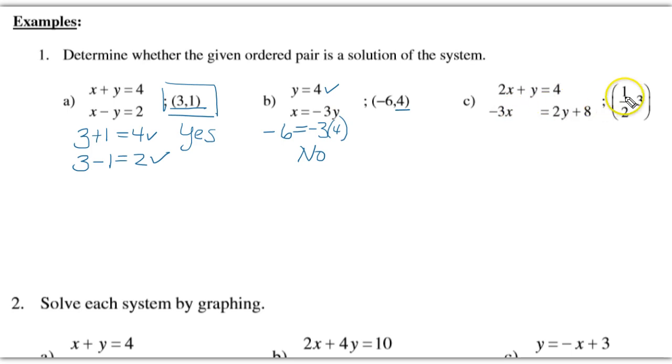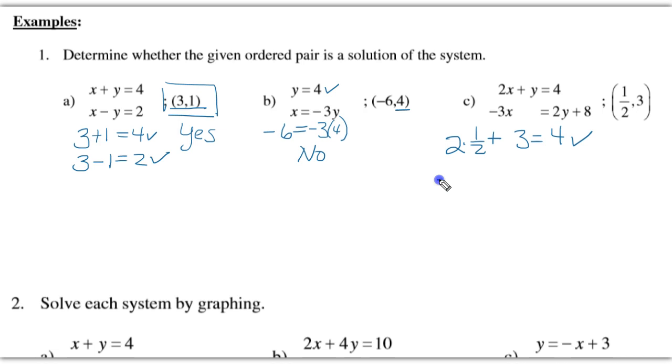And then here we're going to put these in there and we're going to see if in fact that's true or not. And hopefully you've gotten some results. So 2 times our x value, which is 1/2, plus 3 for the y value, is that equal 4? Well, 1/2 of 2 is 1. 1 plus 3 is 4. So this checks.